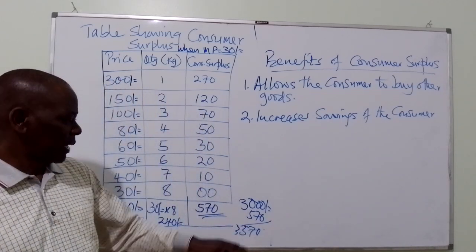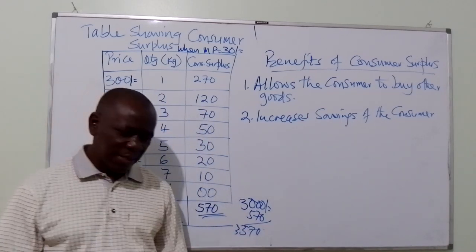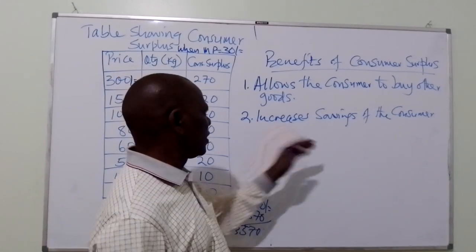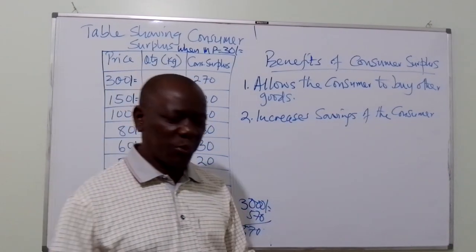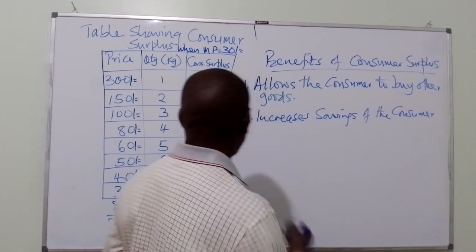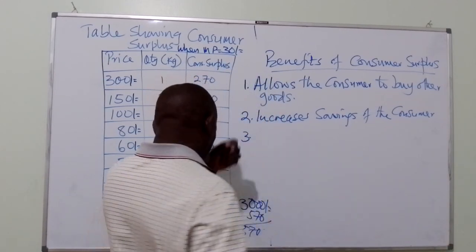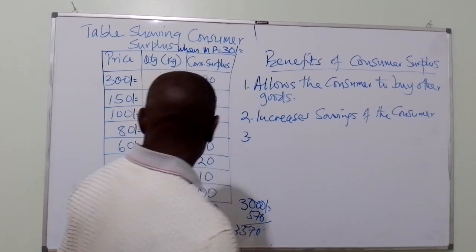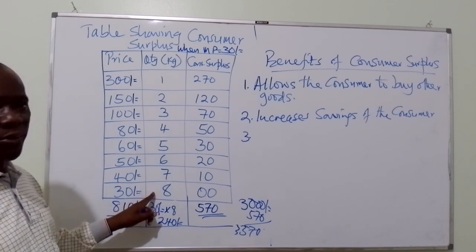3,570. Now that's what he has as his savings. So it increases savings. Consumer surplus increases savings. Then another advantage is that he had to buy 8 kilograms.